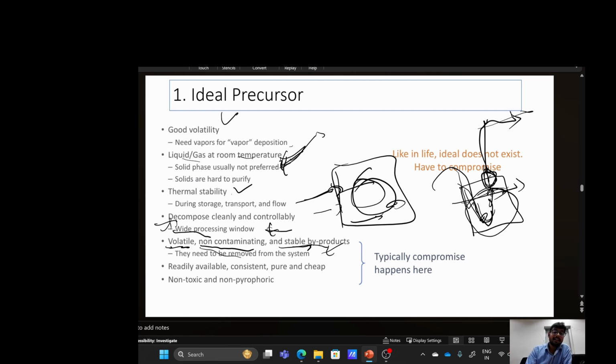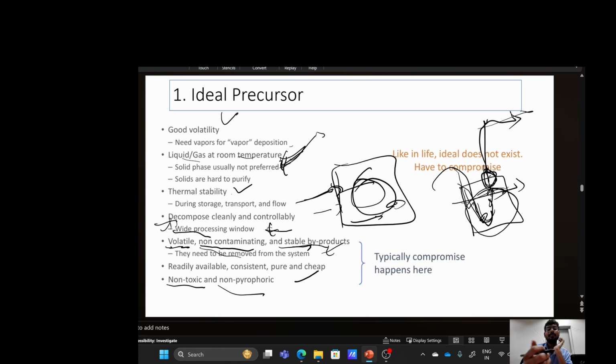Another thing: readily available, consistent, pure and cheap. The same thing. And it should be non-toxic and non-pyrophoric. Most of the precursors are toxic and pyrophoric as well.